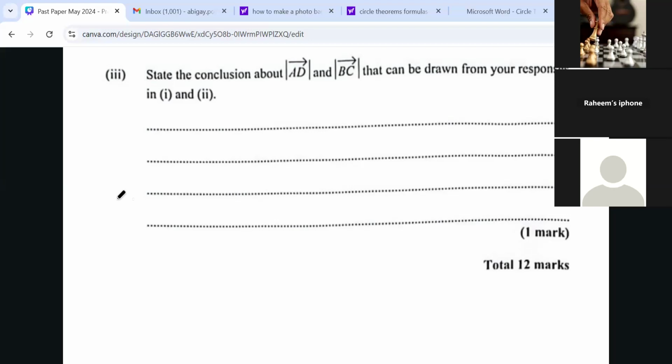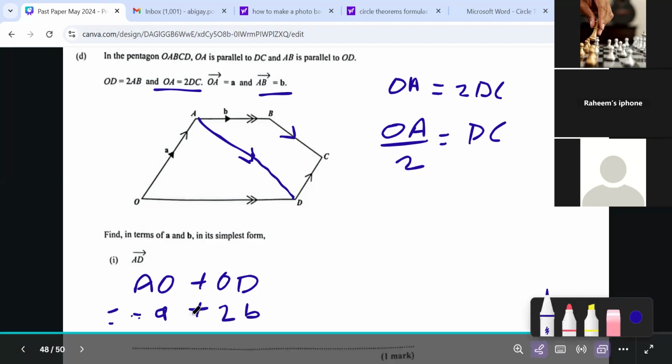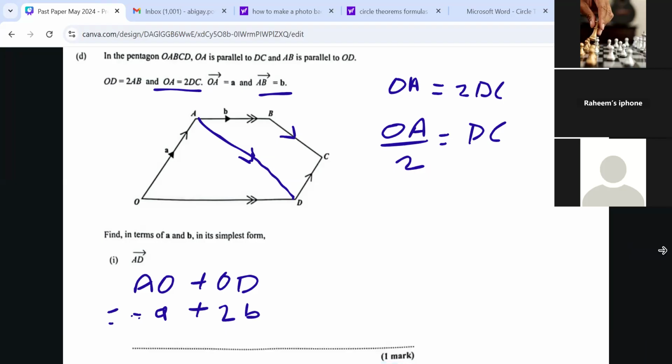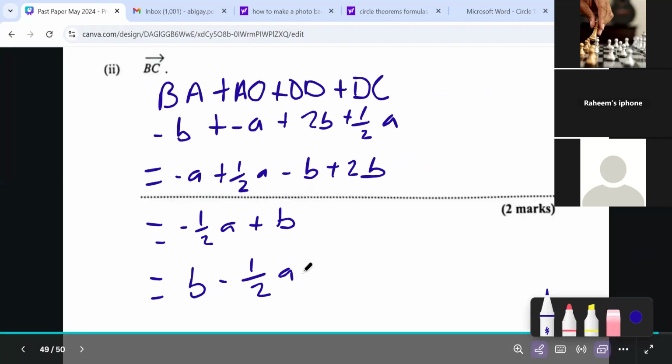So we're going back around and we're going to look for vector AD and vector BC. So this is AD, this is negative A plus 2B. I'm going back to BC now. BC is B minus half of A. Oh, okay.